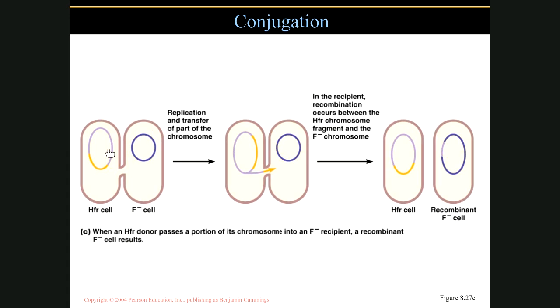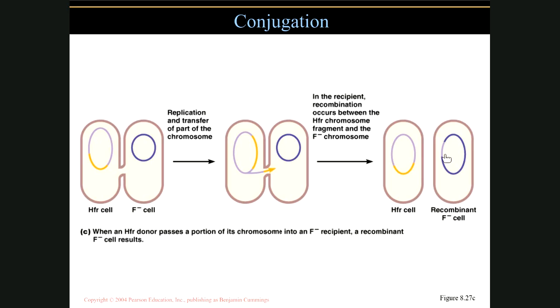So when the HFR and the F minus cell conjugate, the copy of DNA that gets sent over is chromosomal. So what reaches the F minus cell is some chromosomal DNA from the HFR cell.